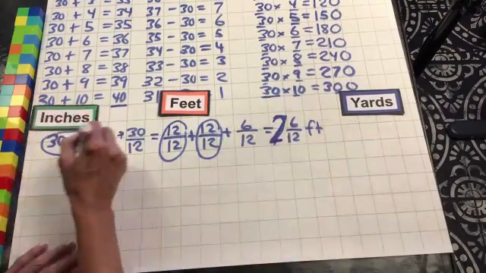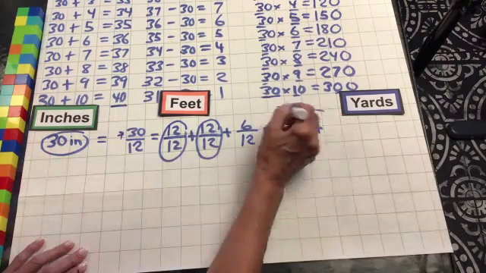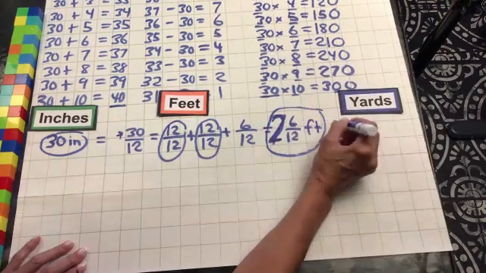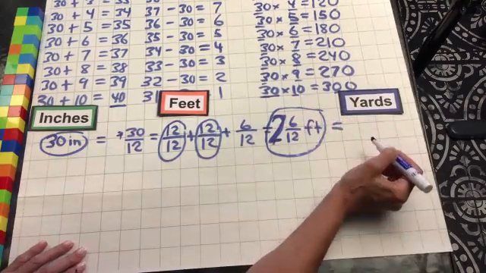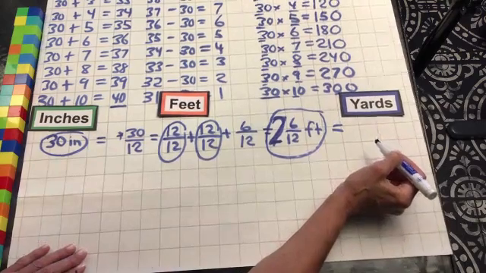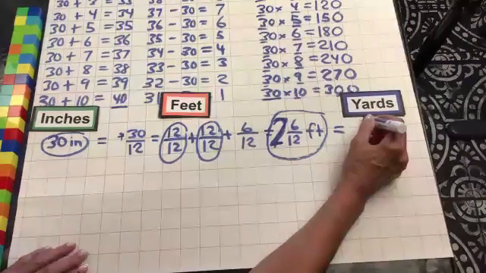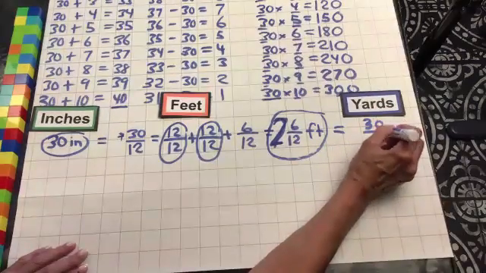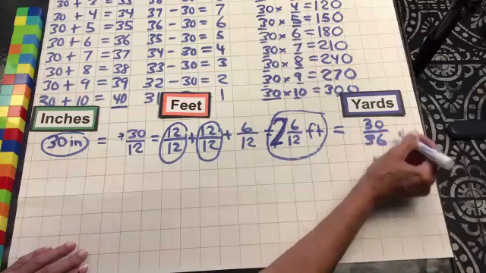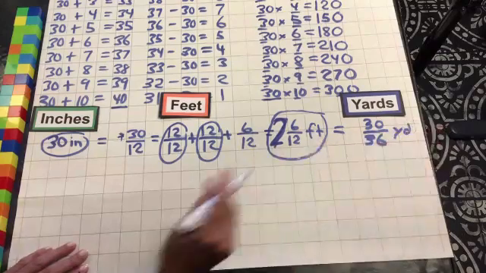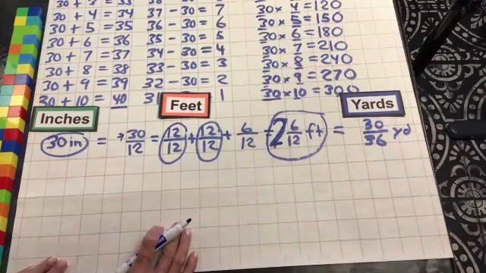So 30 inches is the same as 2 and 6 twelfths feet. And let's check out our yards. We have 30 over 36. We're getting close to a whole yard, but we only have 30 thirty-sixths of a yard at this moment.